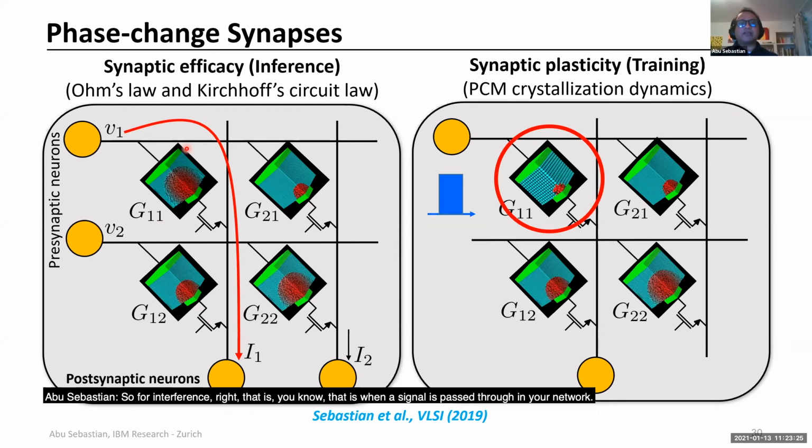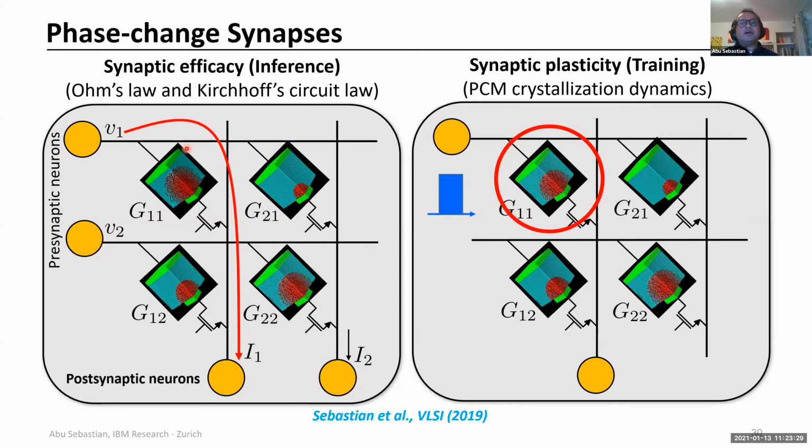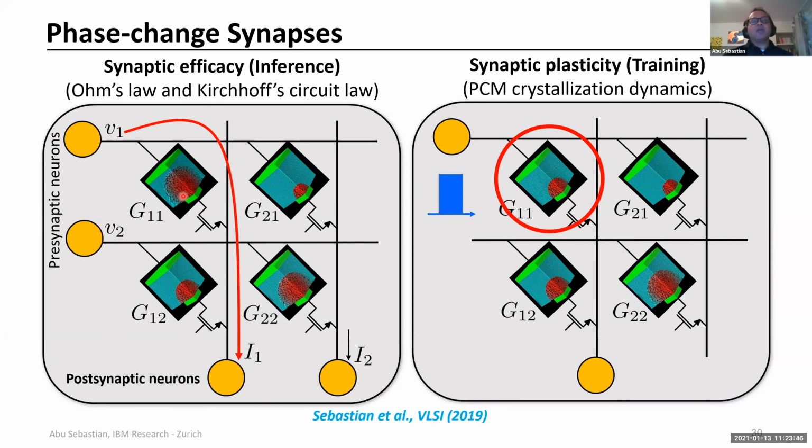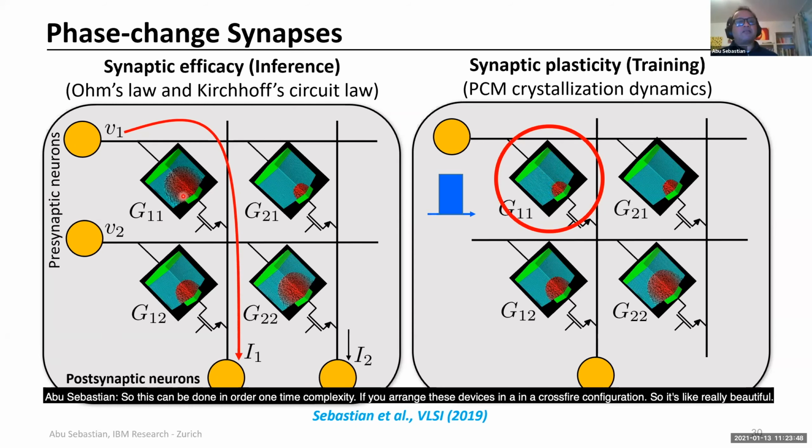So for inference, that is when a signal is passed through a neural network, it needs to be scaled as per the synaptic weight, right? That's a synaptic efficacy, we call it, so that they can be passed on to the next layer. And essentially, it is a matrix vector multiply operation, right? It's like a weighted, or graded signal propagation through the network. So this can be done in order one-time complexity if you arrange these devices in a crossbar configuration. So it's really beautiful.